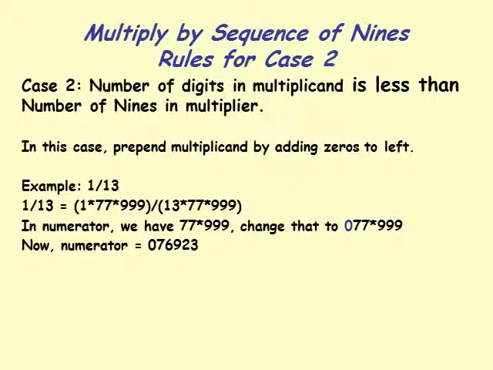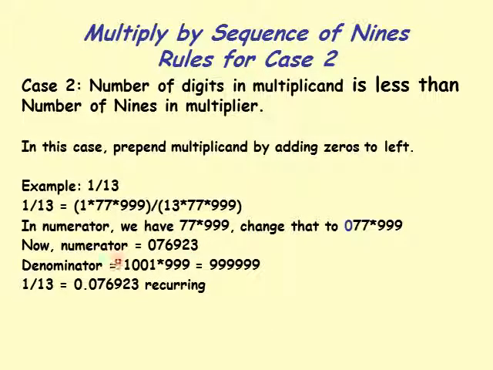We get a numerator of 076923, 1 less than before on the left, and all from 9 and last from 10 on the right. Okay, let's see. In the denominator, 1001 times 999 is a sequence of 6 nines.